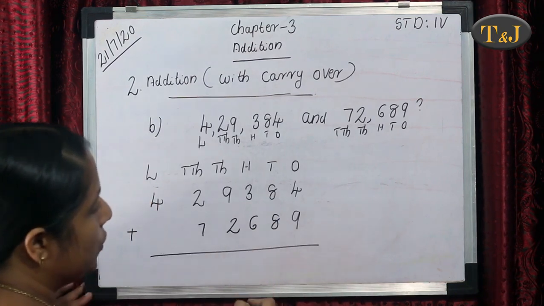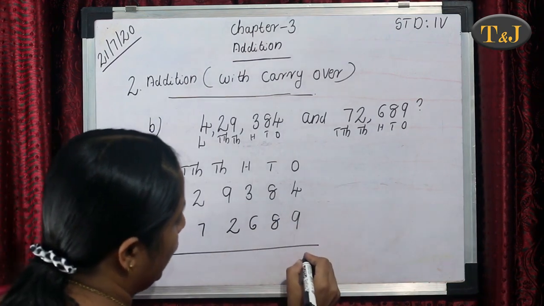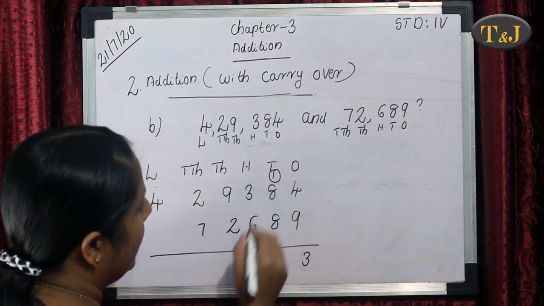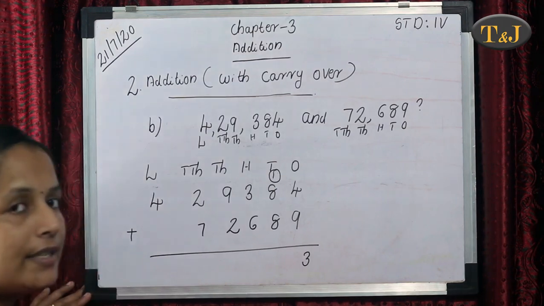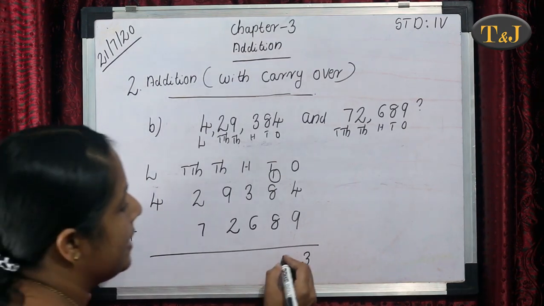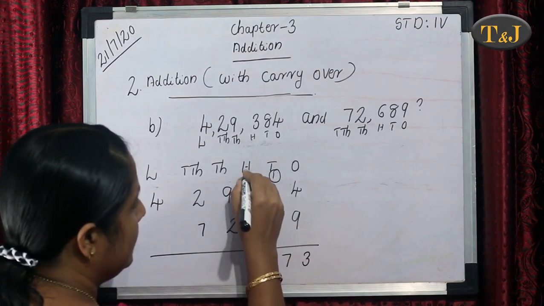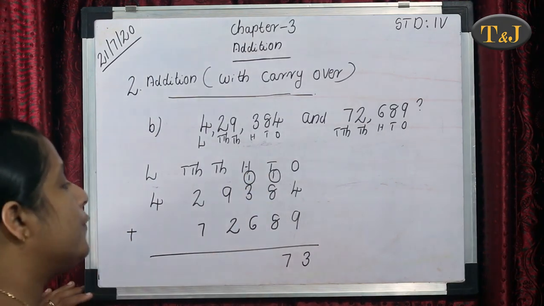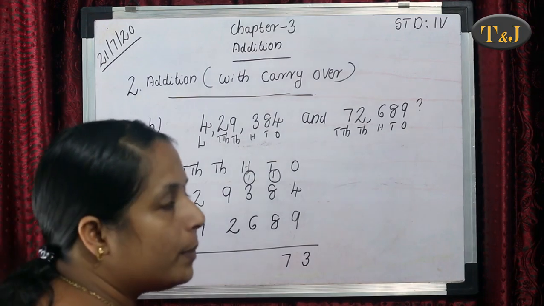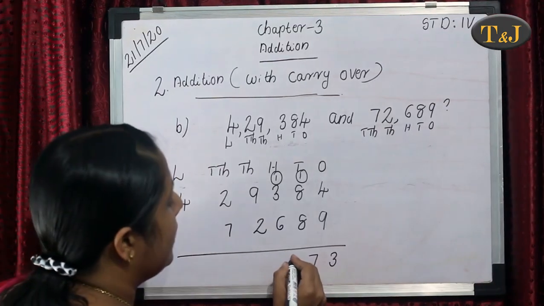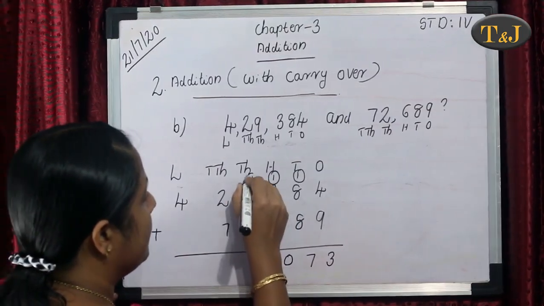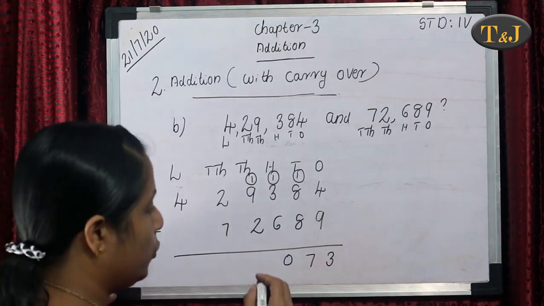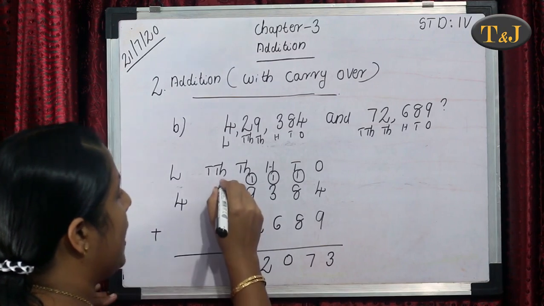Then we add these two numbers: 9 plus 4 equals 13, write 3, 1 carried. 8 plus 1 equals 9, then 9 plus 8 equals 17, write 7, 1 carried. Then 3 plus 1 equals 4, then 4 plus 6 equals 10, write 0 and 1 carried. Then 9 plus 1 equals 10, 10 plus 2 equals 12, write 2, 1 carried.